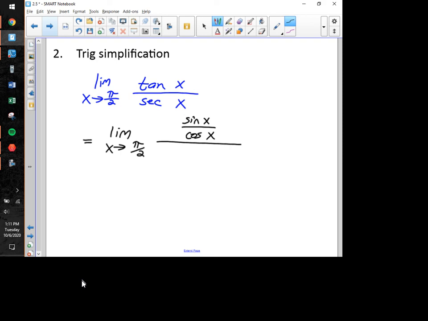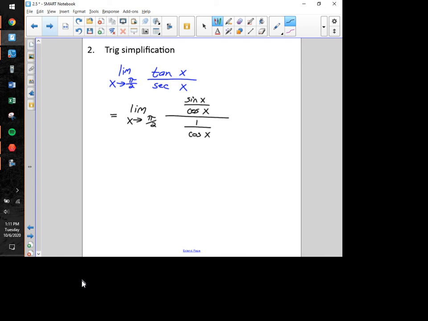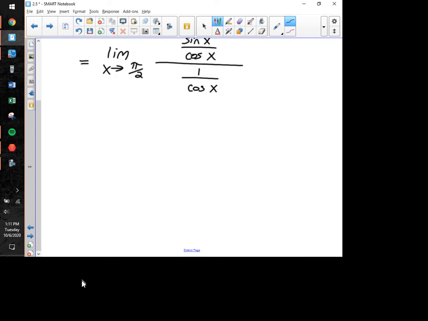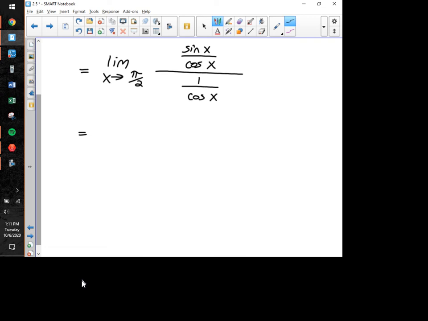Furthermore, down on the bottom, secant of x can be rewritten as 1 over the cosine of x. So with that in mind, we now have a complex fraction here, everybody. We're now taking a fraction divided by another fraction. So we could rewrite this as the limit as x approaches pi over 2 of, and here we go, my numerator fraction is sine of x over cosine of x.